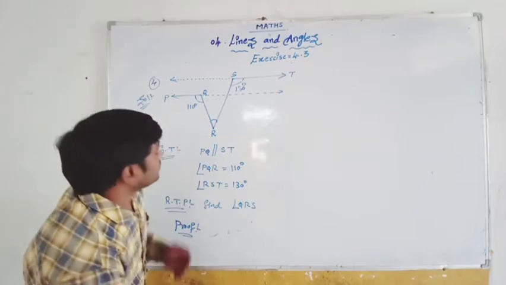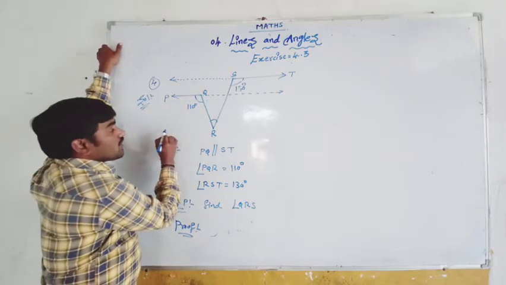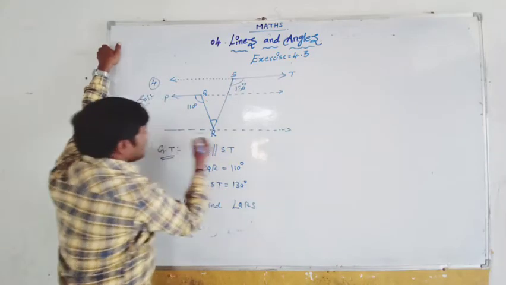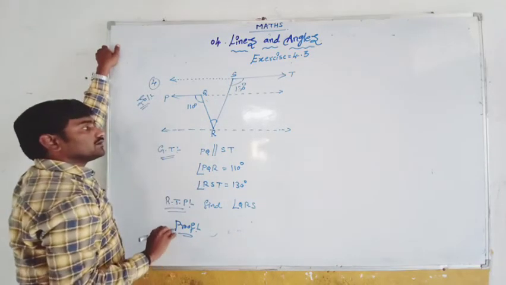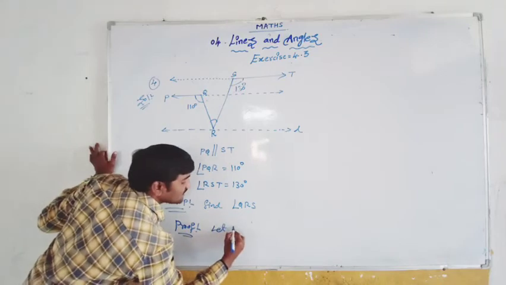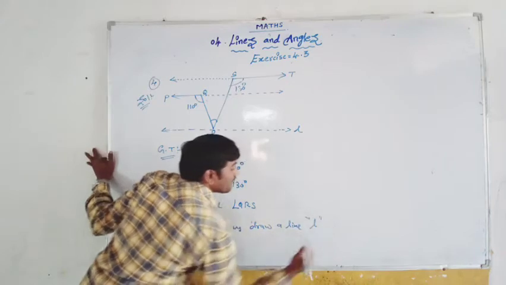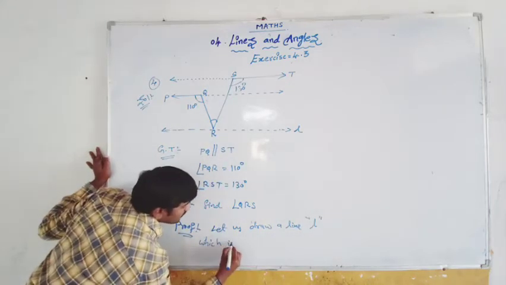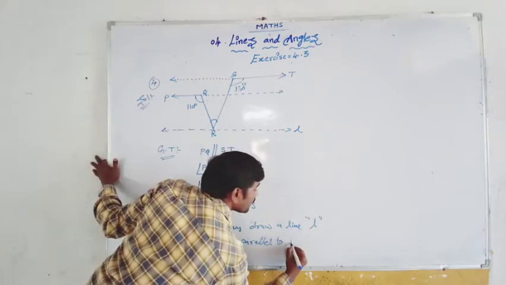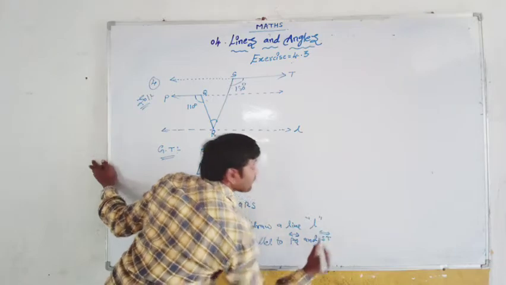First of all, we'll draw one more line which is parallel to the given two parallel lines. Here, we'll draw a line L which is parallel to the PQ line and ST line.